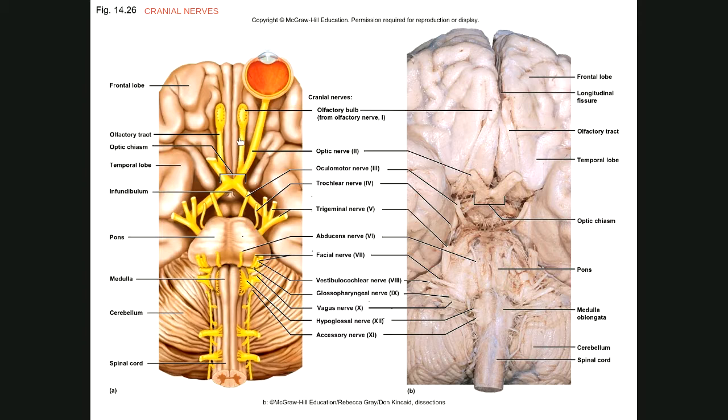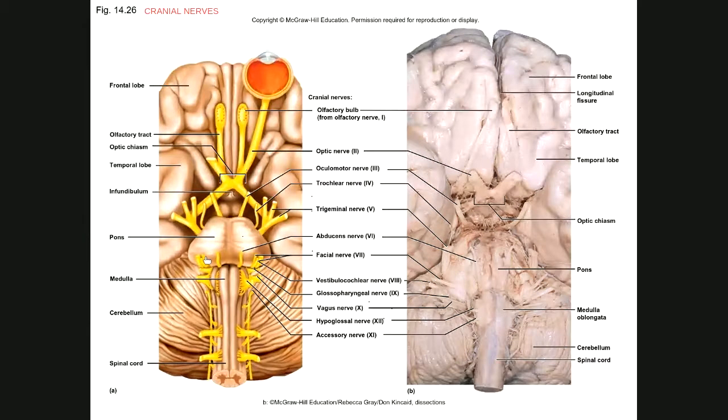This is a purely sensory nerve, providing purely sensory function. And it provides sensory function for what? What sense is provided by this nerve? The sense of smell. Okay, good.